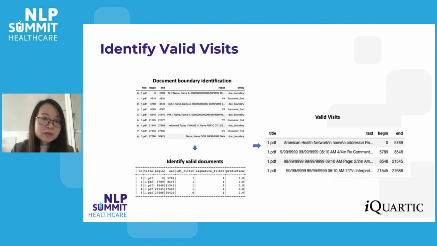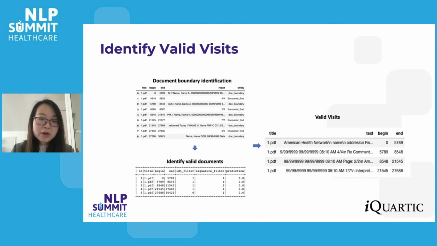We also have an identifier filter, which indicates what kind of document we detect, and we also predict whether this is a valid signature or not. In the prediction, we extract the face-to-face information to make sure this is a face-to-face visit from the patient to the doctors.